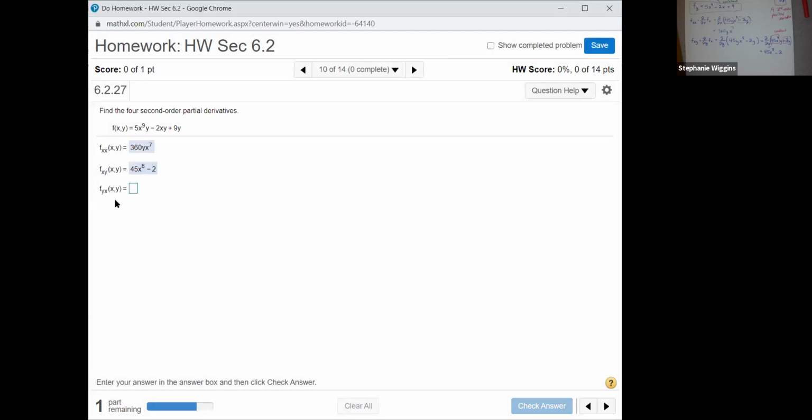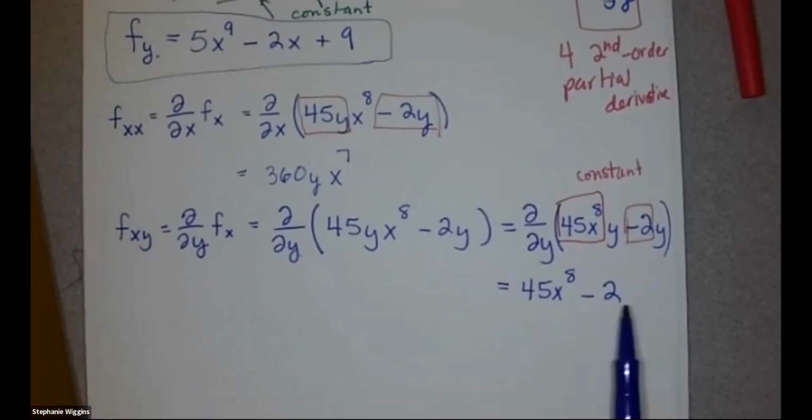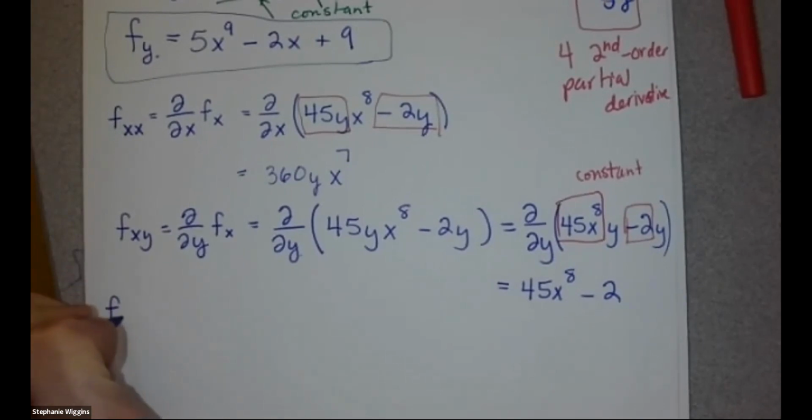Now the interesting thing, I'm not exactly sure why it works that way, but when you take the derivative of this y with respect to x, you're going to get the same answer here. It's a nice little way of checking to make sure you're doing it right. So when I do it in the reverse order, in other words, I take my fy function and differentiate with respect to x.